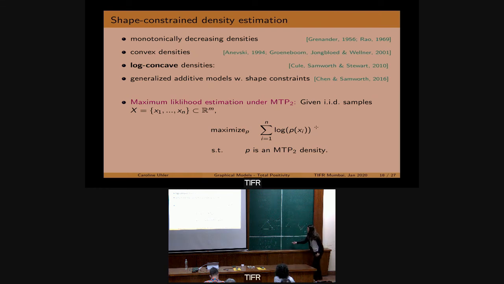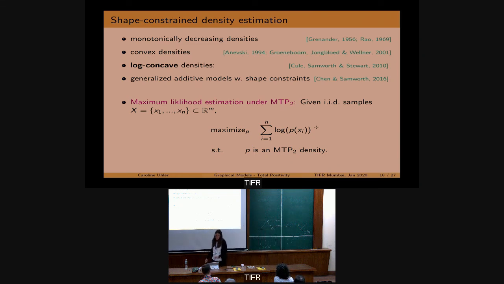So if my samples are like this, then actually it is MTP2 to just put infinite mass here, here, here, and here. So I need something stronger than this. Because what is MTP2, right? It's just that this times this has to be smaller or equal to this times this. So if I put infinite mass there and these are on a square; if they're not on a square, I just add one more sample and I'll just put infinite mass everywhere. So this is not strong enough to get anything interesting.